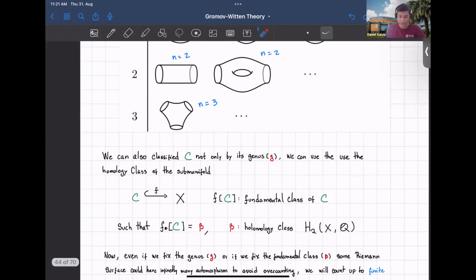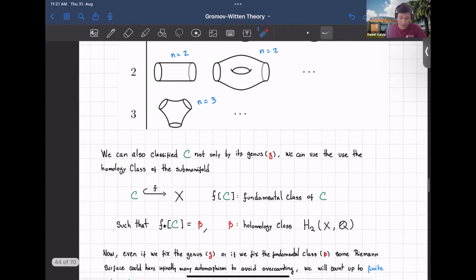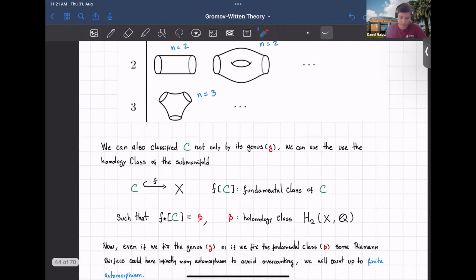The push forward of the fundamental class of C will give you beta, and beta will be an element of the homology group H2 of our ambient space over the rational numbers.